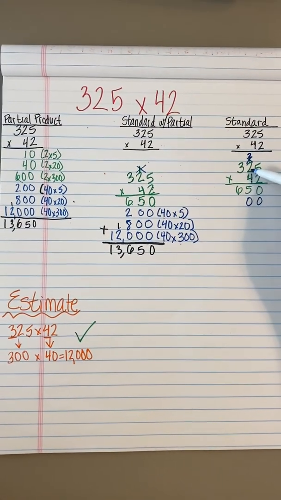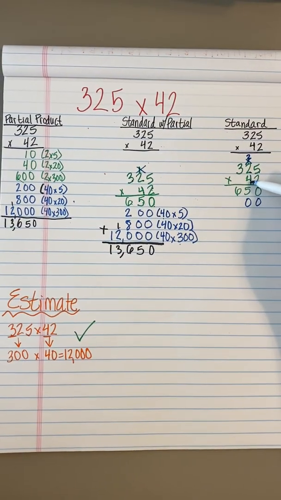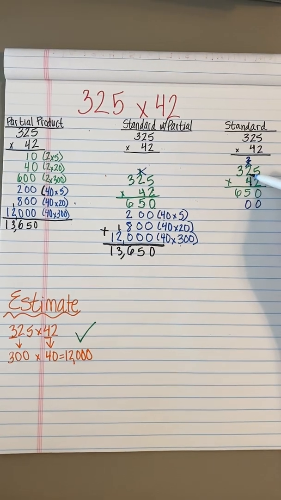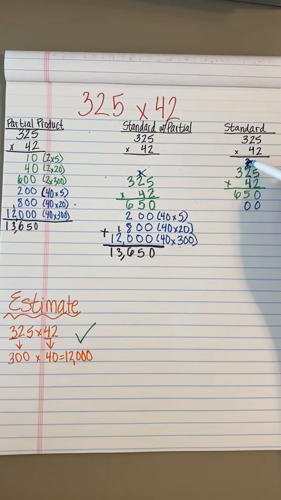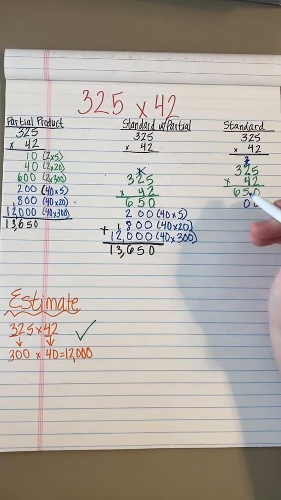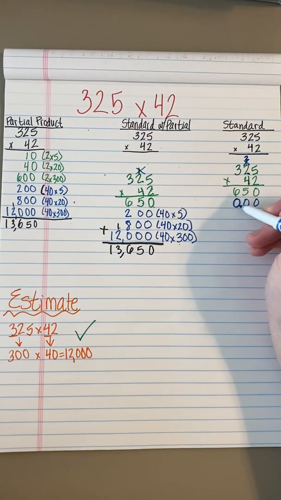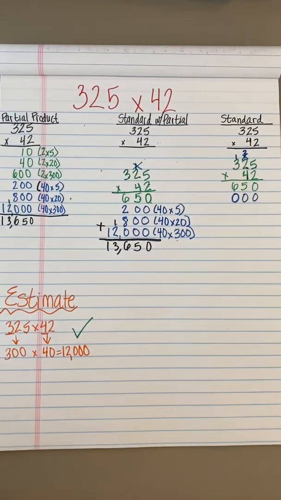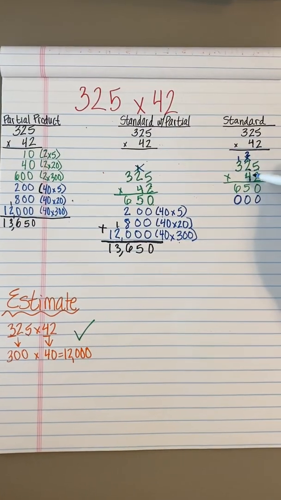So now I have 4 times 2, but remember that's 4 tens times 2 tens. So 4 times 2 is 8, tens times tens is hundreds, but we have these 200s up here as well. So that is 1,000. I'm going to put that placeholder 0 there and then regroup my 1,000 above my 300s.